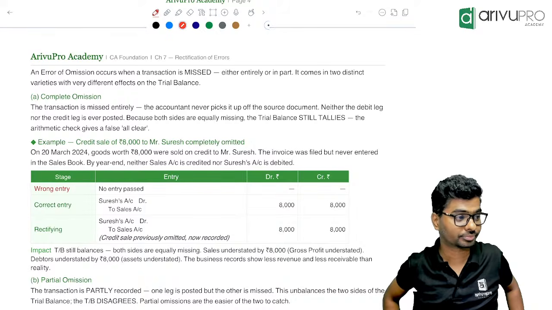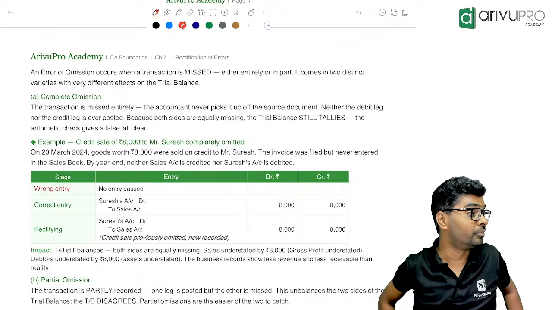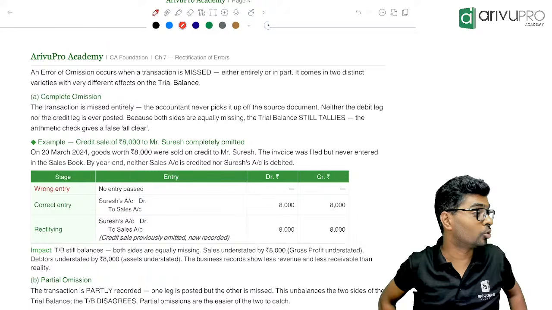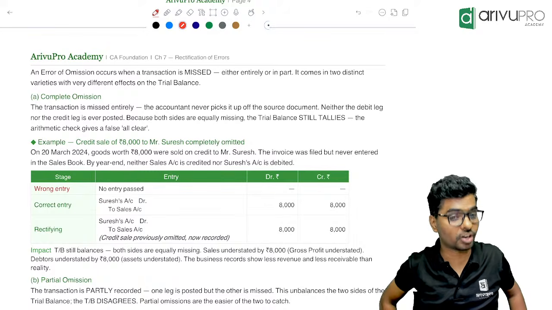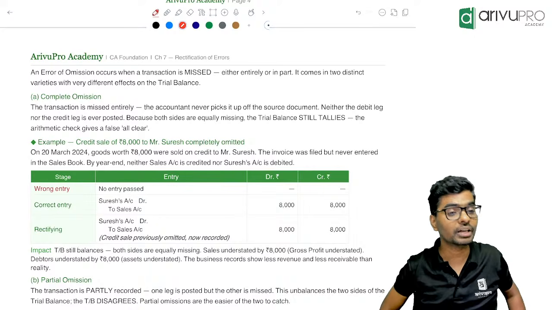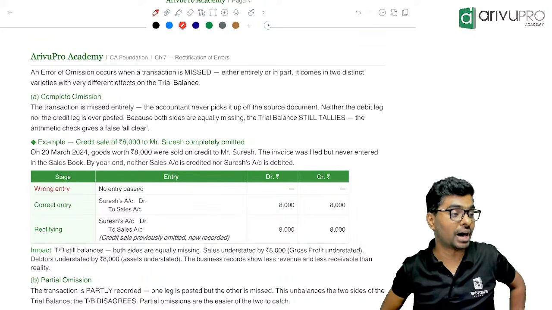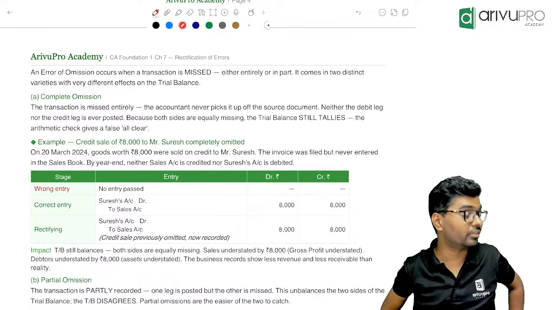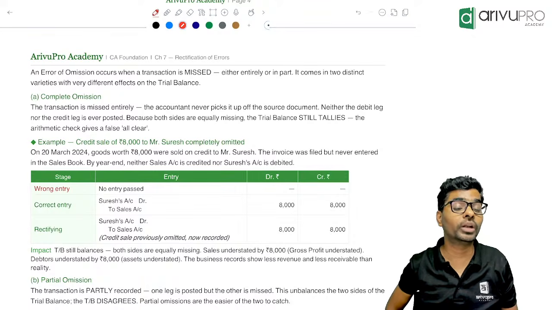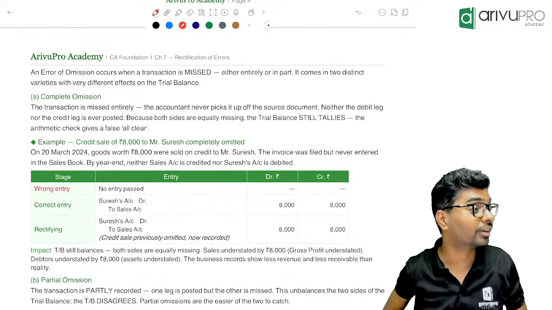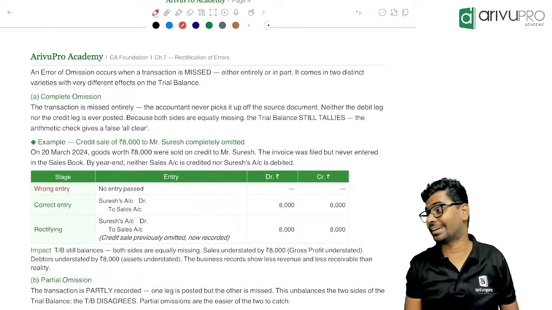No. In real life, partial omission will not happen. Why? Because the computer does not let you pass an entry or leave if you don't pass both debit and credit. It will not let you leave till you do both debit and credit.